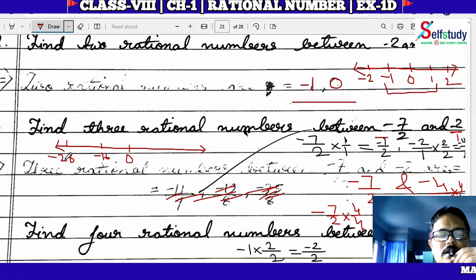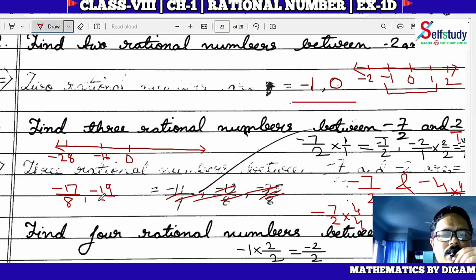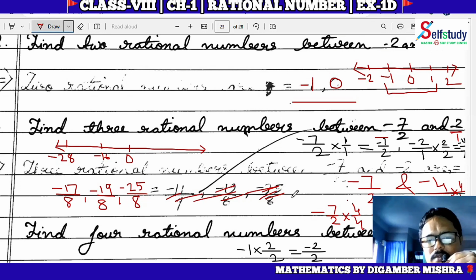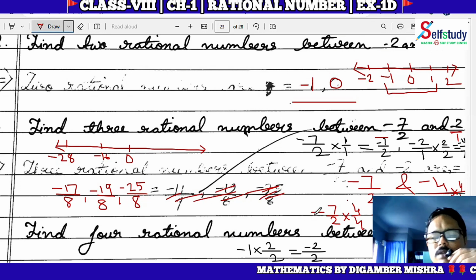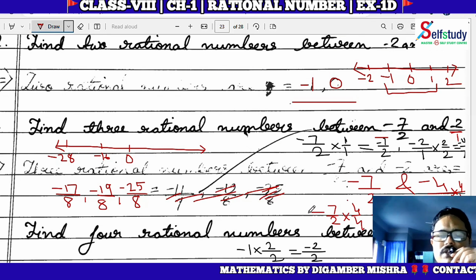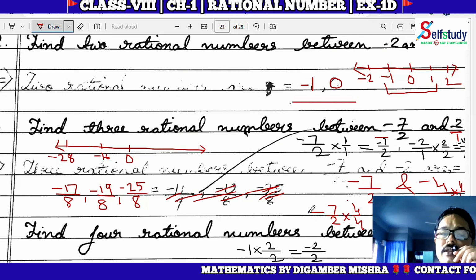So there will be minus 17, then minus 18, then minus 19, and up to minus 27 you can write. So you can write here minus 17 upon 8, you may write here minus 19 upon 8, and you may write here minus 25 upon 8 also. Okay, so this is the answer, but here I think something else was there. So if you understand the method, you can also point out any mistake, if it is there in any answer.